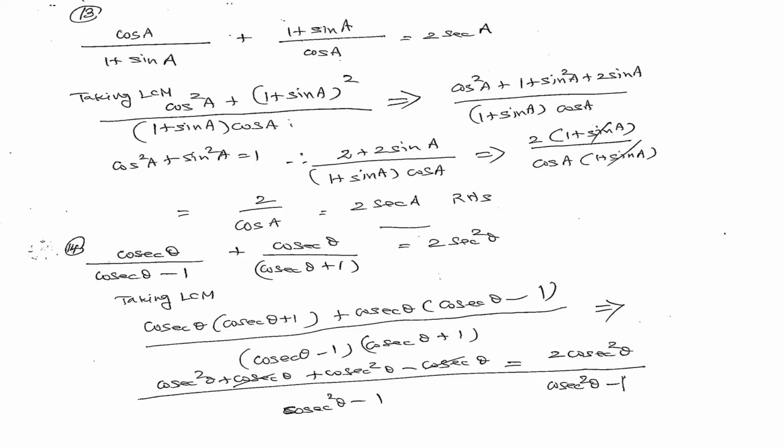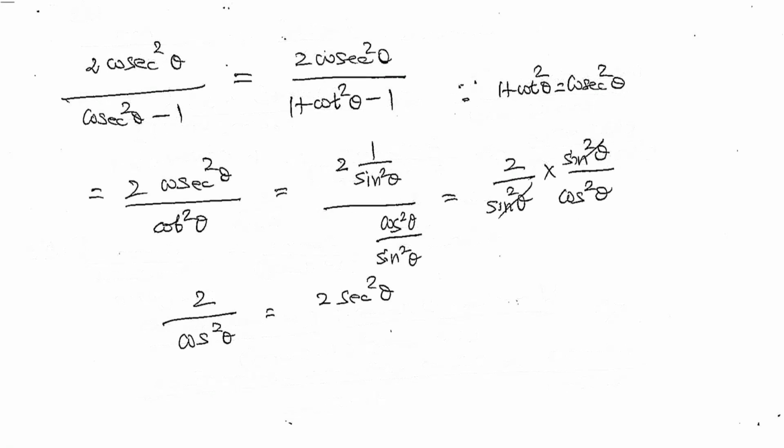Therefore, cosec squared theta minus 1 is the denominator, and in the numerator, removing the brackets, we have cosec squared theta plus cosec squared theta minus cosec theta. Minus cosec theta plus cosec theta getting cancelled. Then we get in the numerator 2 cosec squared theta by cosec squared theta minus 1.